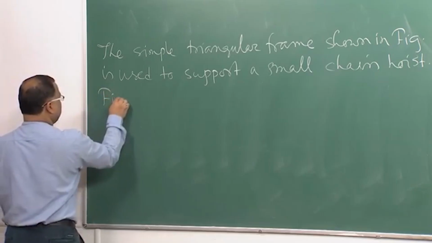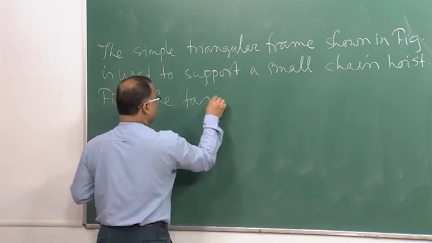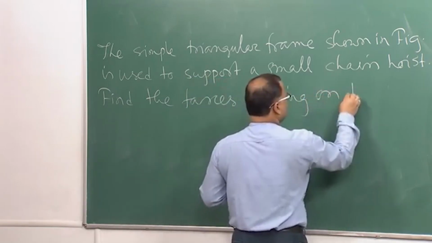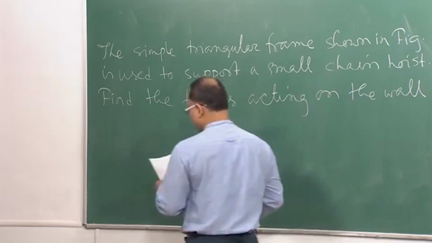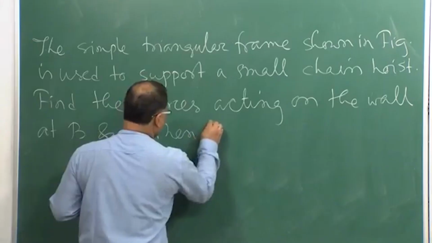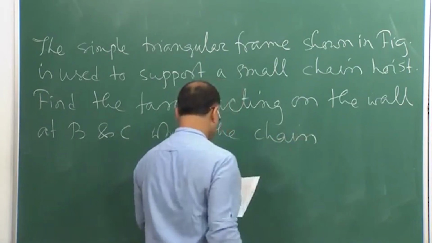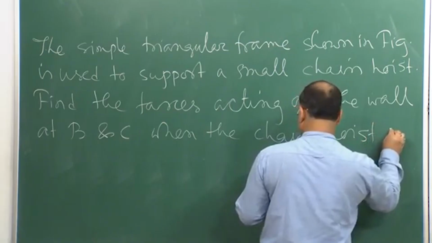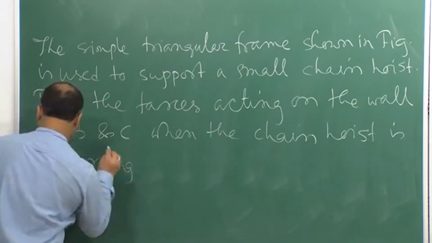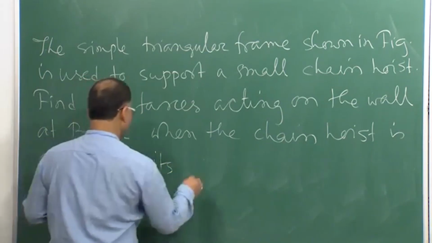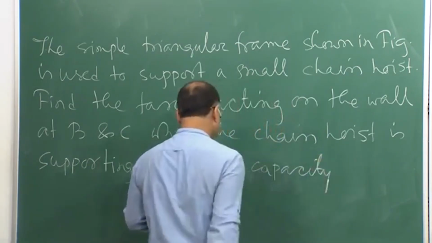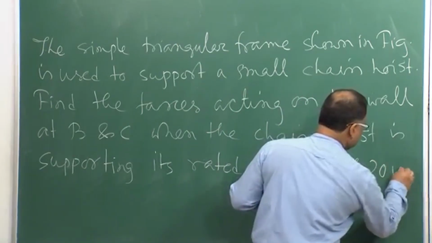Find the forces acting on the wall at B and C when the chain hoist is supporting its rated capacity of 20 kilonewton.